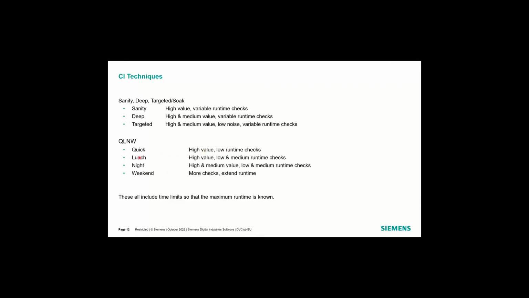You could run something over lunch for 1 hour, or you could run something overnight, 12 hours, or let it run over the weekend, 48 hours, enabling more checks, but also allowing for more runtime. And these will all include time limits, so they can be customized and they're provided to you as a procedure to customize it for your own need.